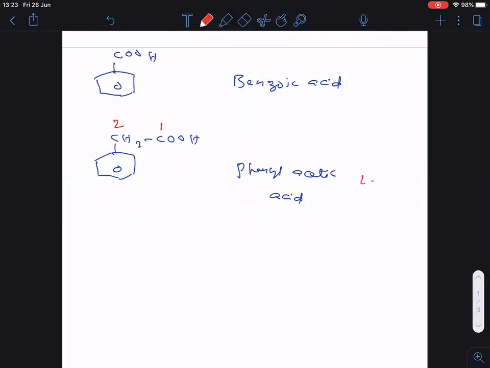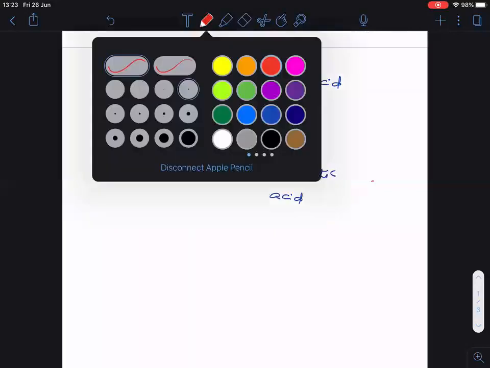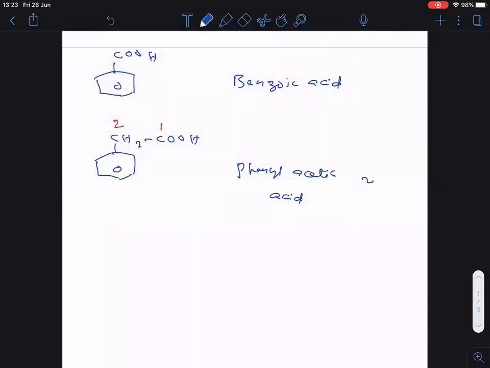So here I am writing. What is the IUPAC name? See clearly. IUPAC name: 2-phenyl ethanoic acid. Since there is no space there, I will write here only.